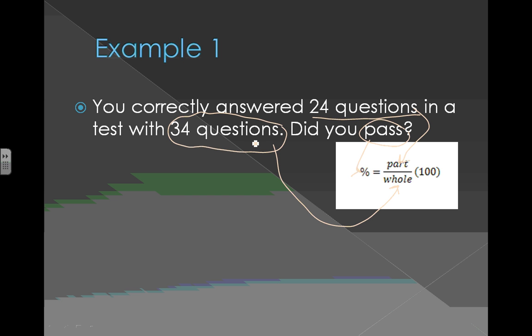So 24 is the part, divided by 34, which is the whole, times 100, which is going to equal about 71%. So yes, you would have passed that exam.